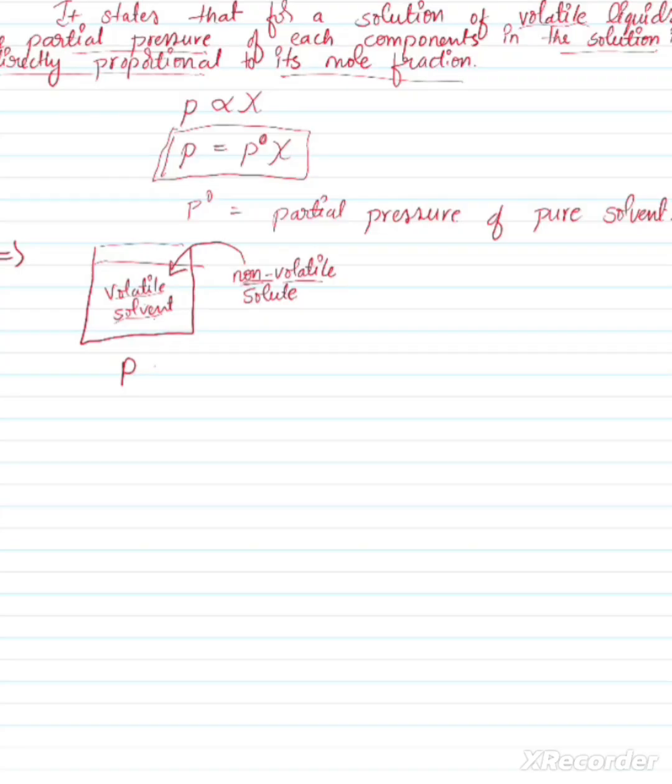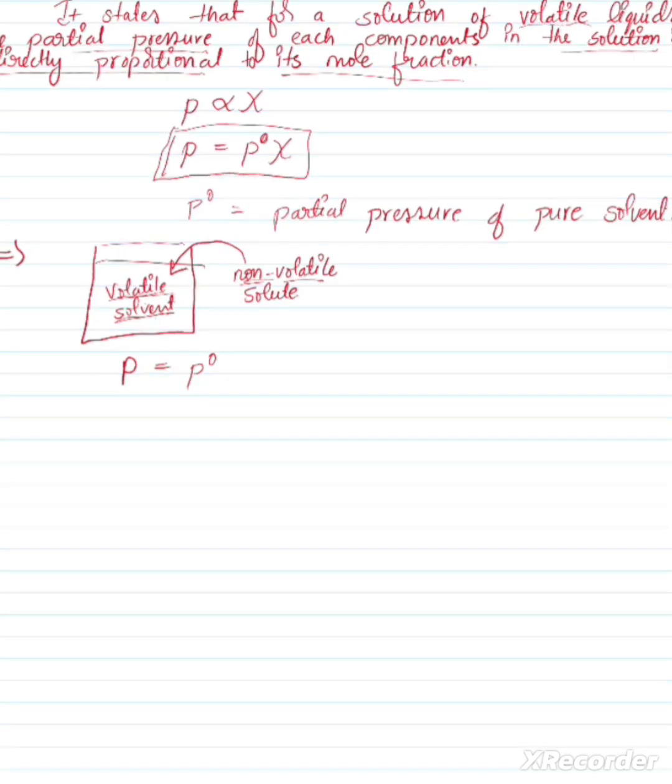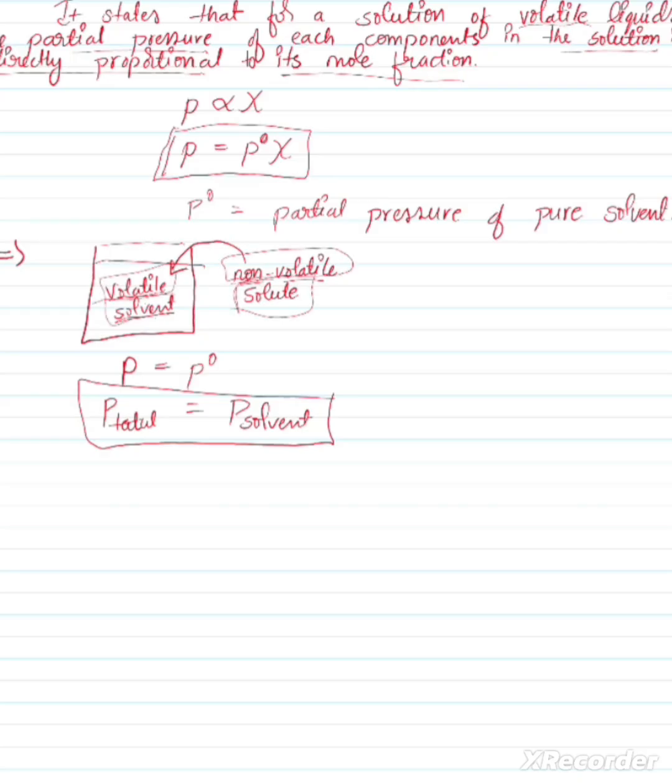So this pressure is only equal to the partial pressure of the volatile liquid, that is the pure solvent; the total pressure is equal to the pressure of the solvent. Okay, remember, whenever we are adding a non-volatile solute to a volatile solvent, the pressure depends on the volatile solvent.